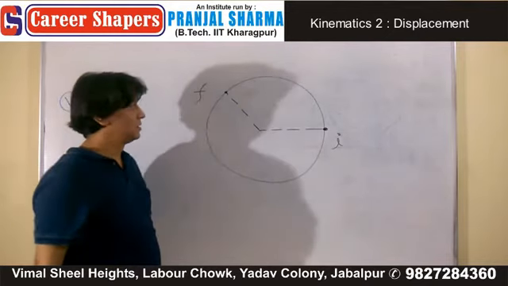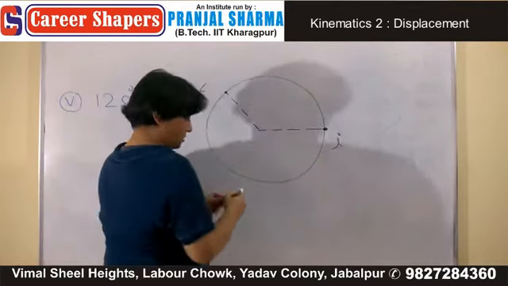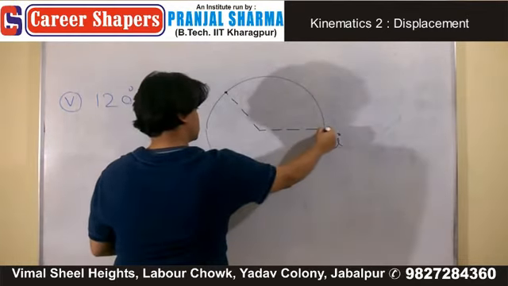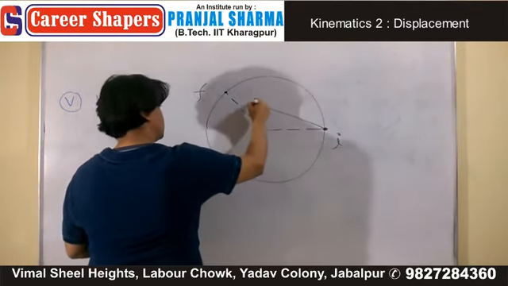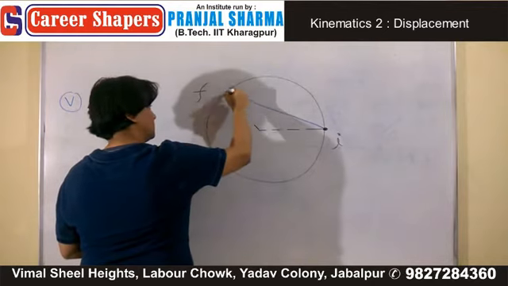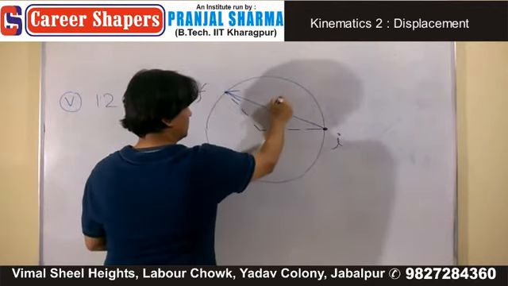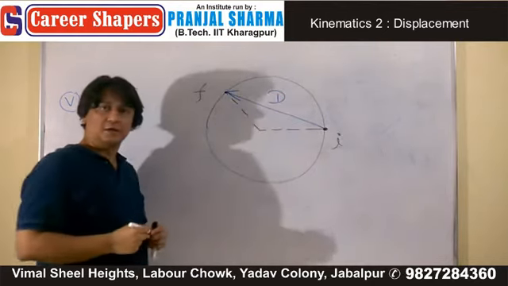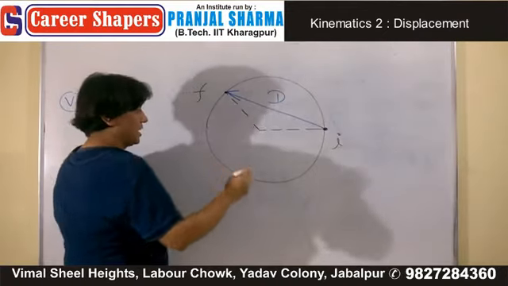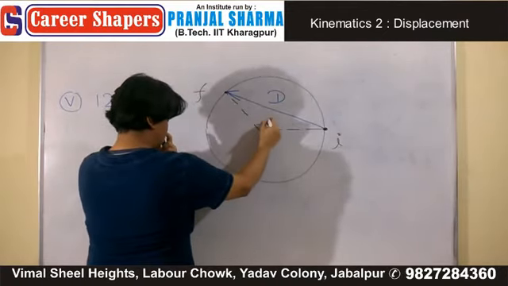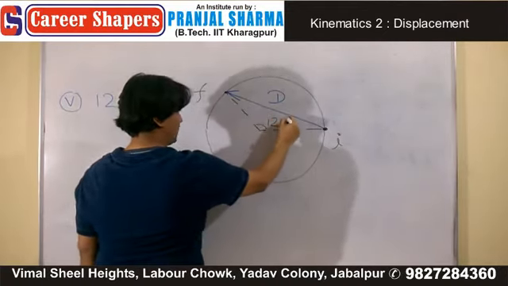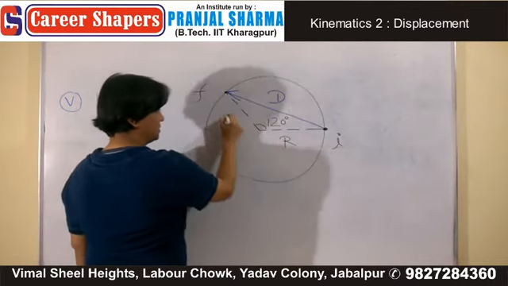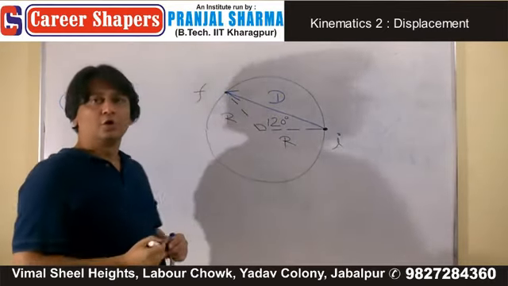Final. We need to find this length. Let's call it D, displacement. And we have been given that this angle is 120.